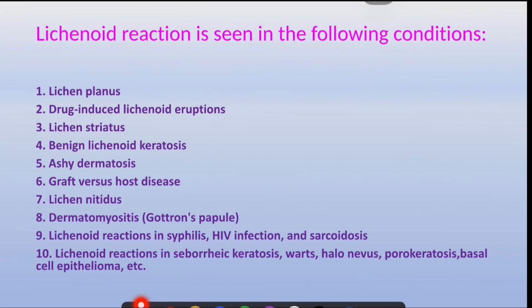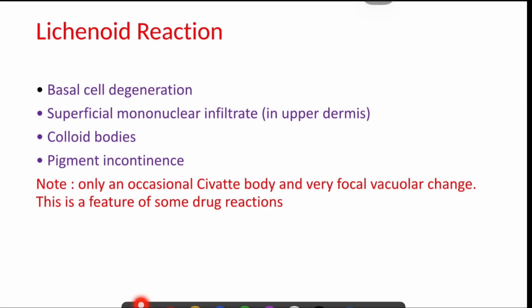Second is drug induced lichenoid reaction, lichen striatus, benign lichenoid keratosis, some other diseases like ashy dermatosis, graft versus host disease, lichen nitidus, then Gottron's papule, lichenoid reaction in syphilis, HIV and sarcoidosis, and lichenoid reaction in seborrheic keratosis, wart, some nevi and porokeratosis and basal cell epithelioma.